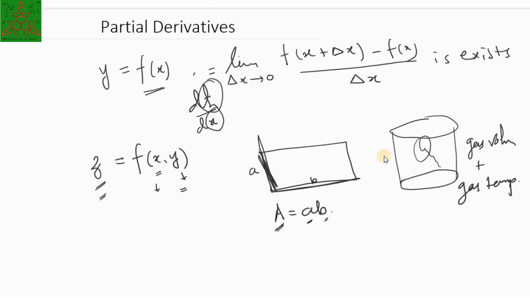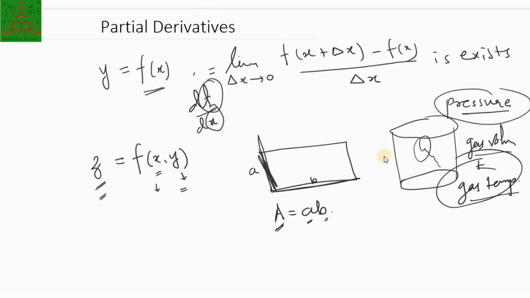Now I want to find out the rate of change of pressure with respect to gas volume if I fix the temperature, and vice versa, the instantaneous rate of change of pressure with respect to temperature if I fix the gas volume.